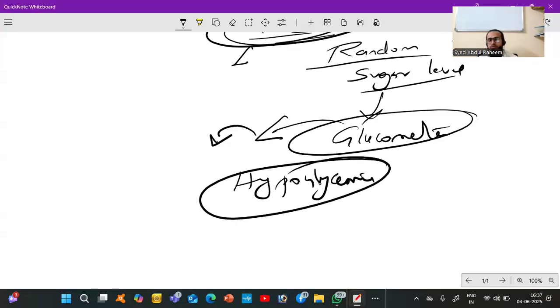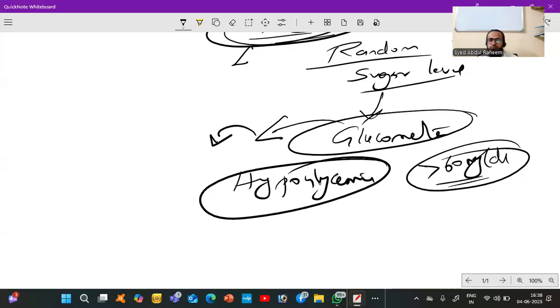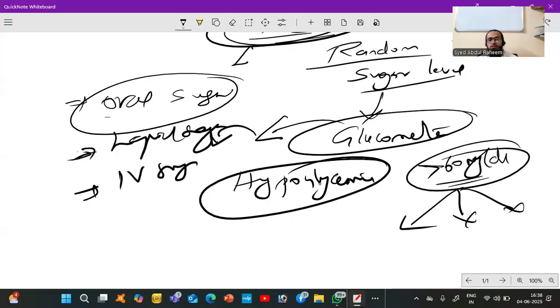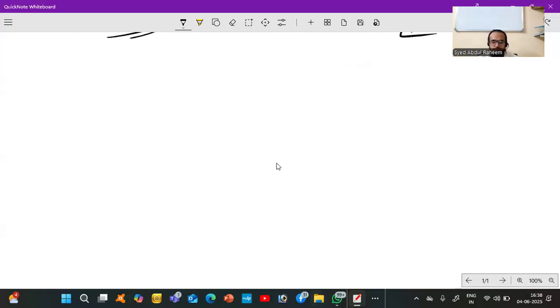If the sugar levels are low, I have to go to the protocol on how to manage hypoglycemia. Hypoglycemia is generally less than 60 milligram per deciliter. We have mild, moderate, and severe hypoglycemia, and according to that we have to manage the patient. Sometimes you have to give oral sugar, sometimes liquid sugar, sometimes IV sugar, that is DNS in the hospitals, or fructose. 10% or 20%, 100 ml you have to give gradually.